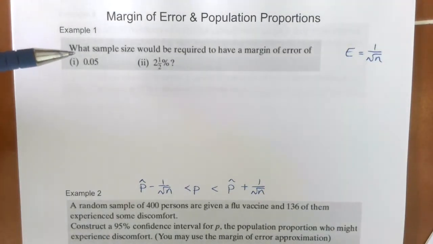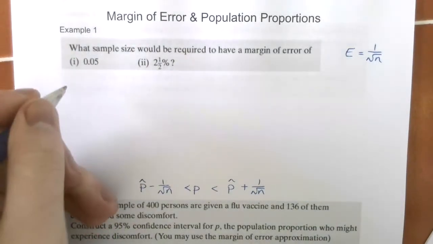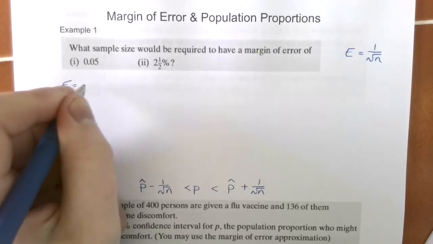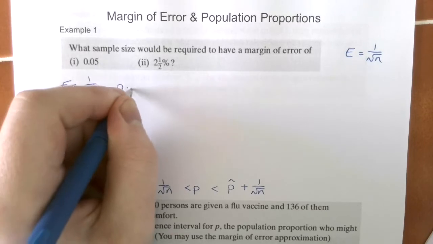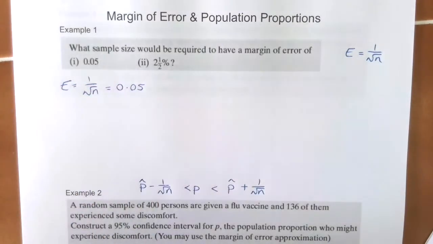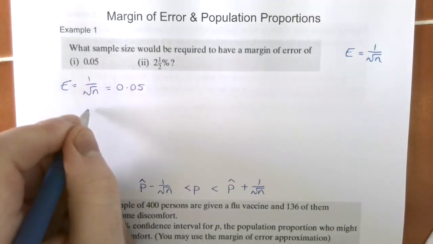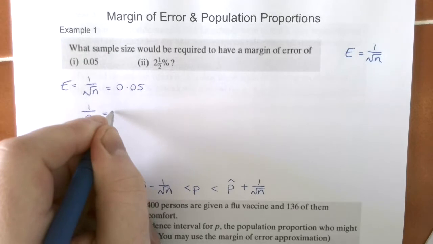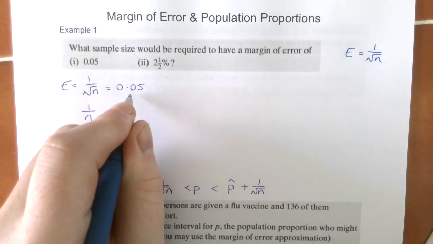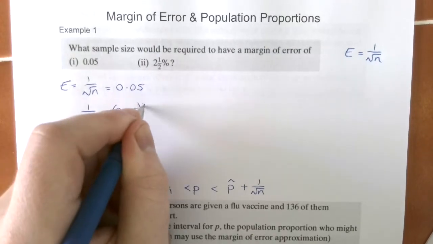Example 1. What sample size would be required to have a margin of error of 0.05? So we actually know the margin of error. So error is equal to 1 over the square root of n. If we know that that is equal to 0.05, we're now trying to solve for n. First thing we're going to have to do is square both sides. If you square both sides, the left-hand side goes to 1 over n, and the right-hand side, you can leave it as 0.05 squared.